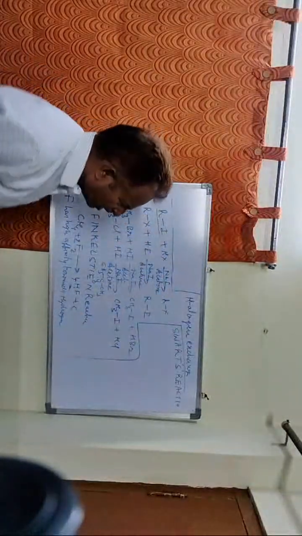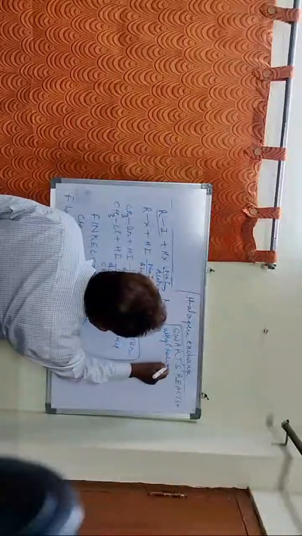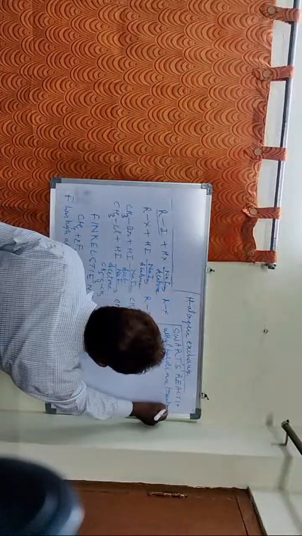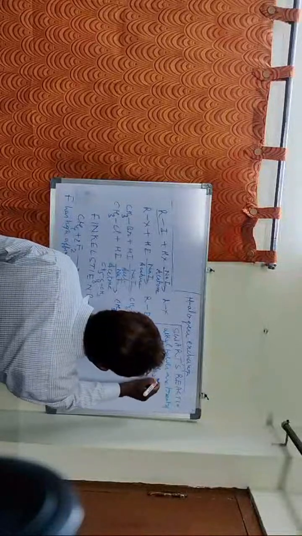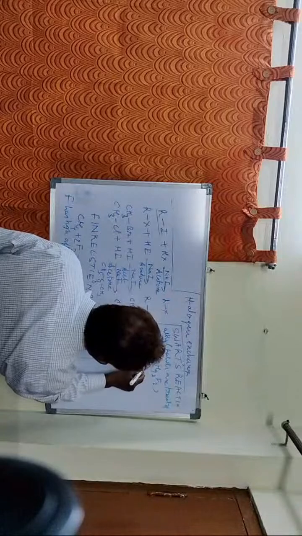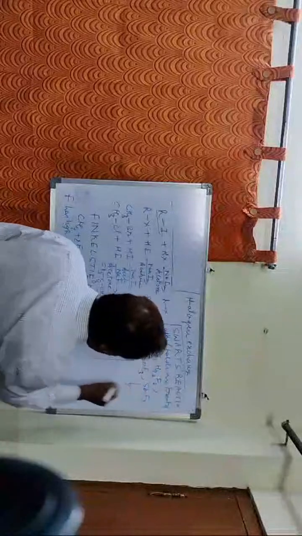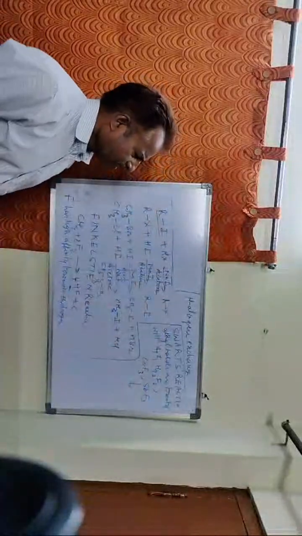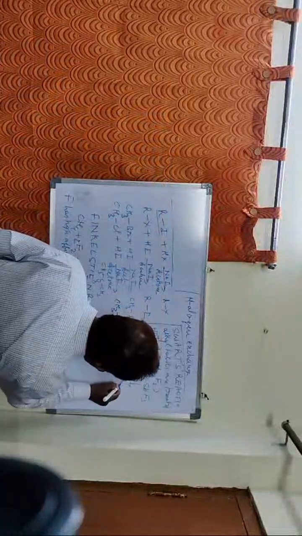Chloro or bromo alkanes, that is alkyl halides, are treated with silver fluoride or mercurous fluoride, cobalt fluoride or antimony fluoride, etc. When alkyl halides are treated with silver fluoride, mercurous fluoride, cobalt fluoride, antimony fluoride, etc., we get fluoroalkanes.